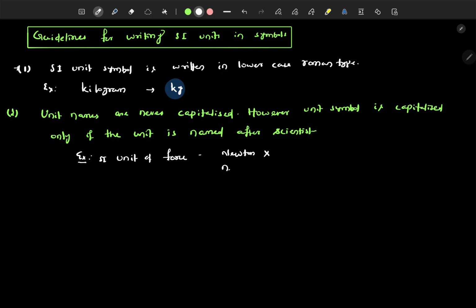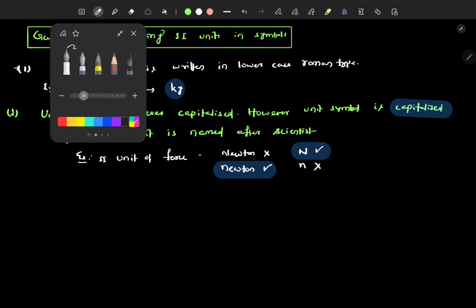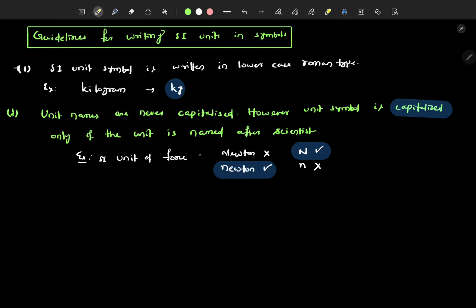But for the symbol you have to write capital N. If you write small n, this is wrong. So the unit symbol is capitalized if the unit is named after a scientist. I hope this second guideline is clear.